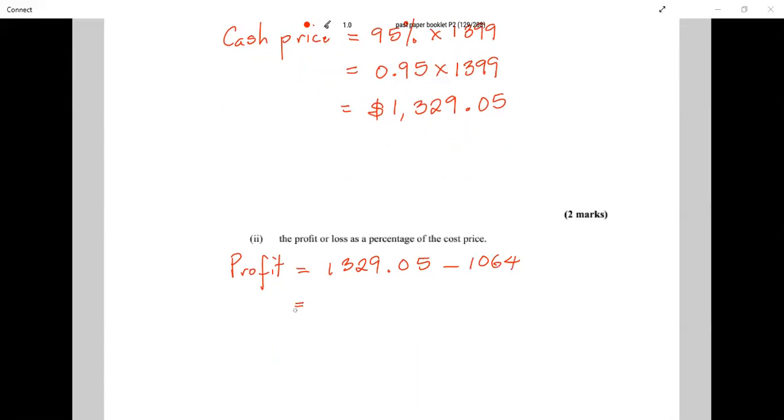So if you subtract, his profit would be $265.05. So he still makes a profit.